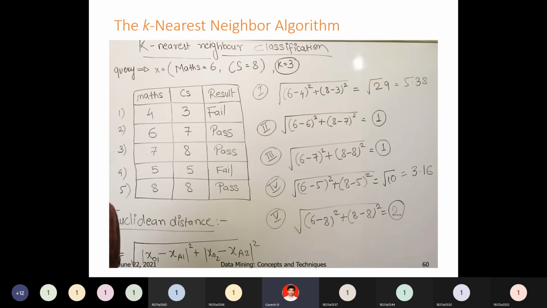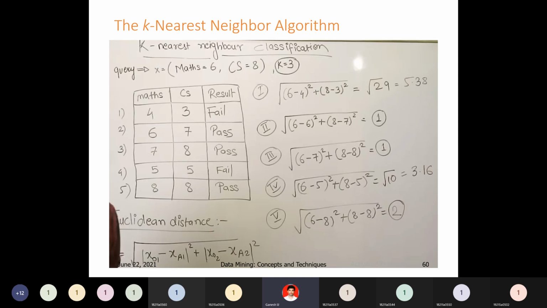So for this particular student, how many students are nearer to him? Okay. So for this student, how many students are nearer, and category. This particular student comes under the category of these 2, 3, 5. We find out the distance. So after finding the distance, we get 1, 1, 2.